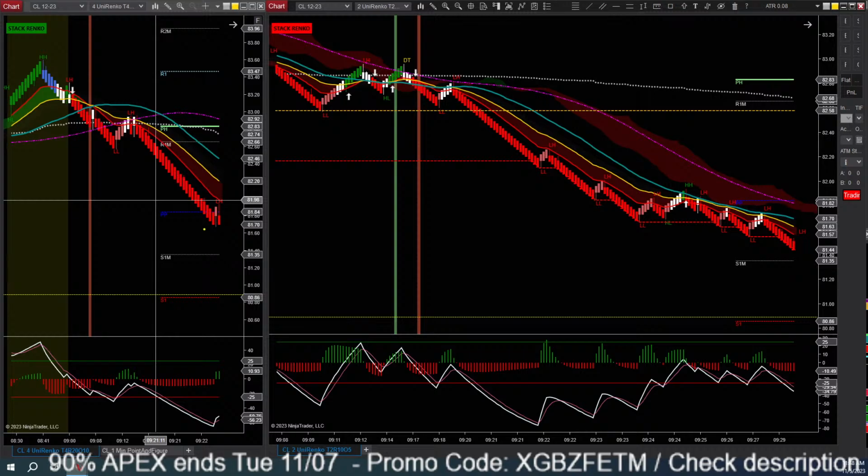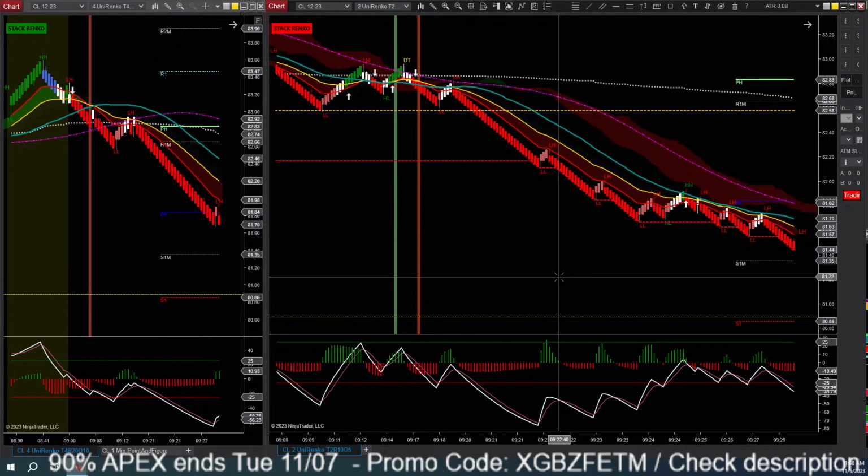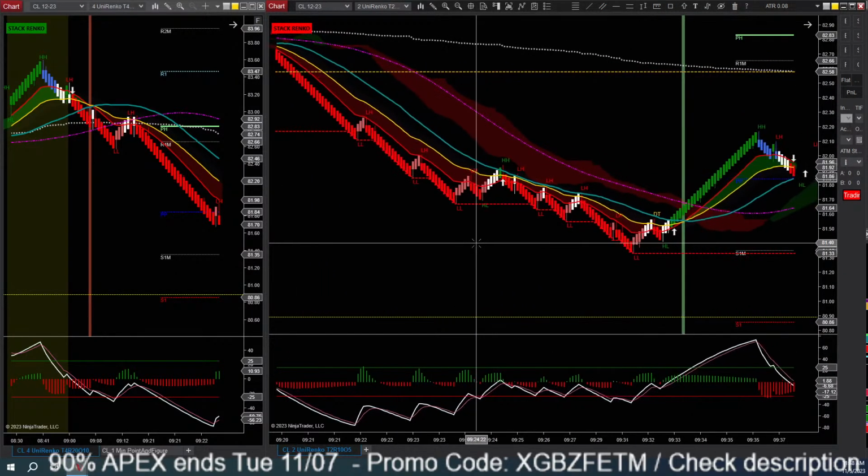And if you see the larger time frame or the anchor chart, this one never stopped coming back down all the way through. It hit the pivot point right here. Okay, hopefully you can see that.